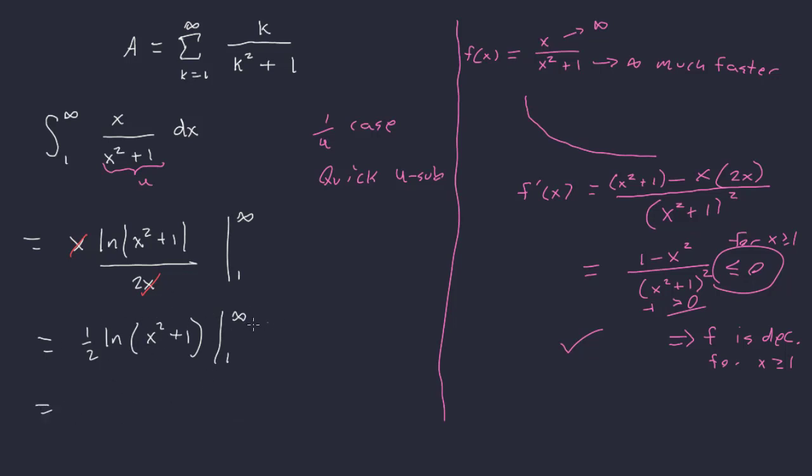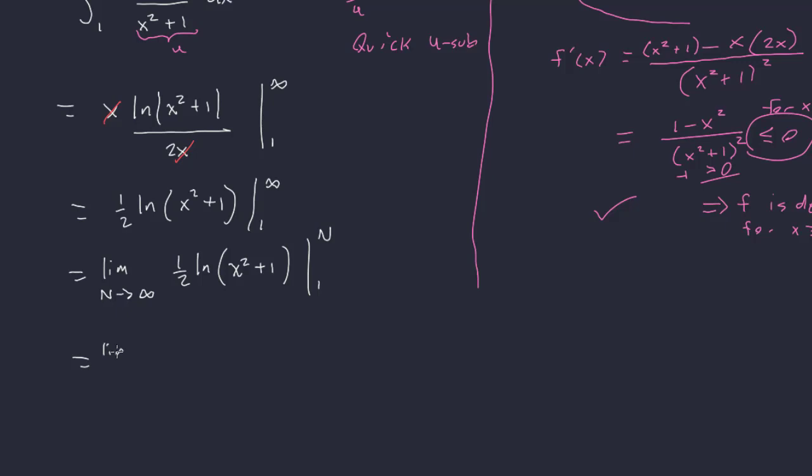Okay, now this, I could set up a limit, and I'm going to do that. This is going to be the limit as n goes to infinity of 1/2 times the natural log of x squared plus 1, and we're going to evaluate this from 1 to n.